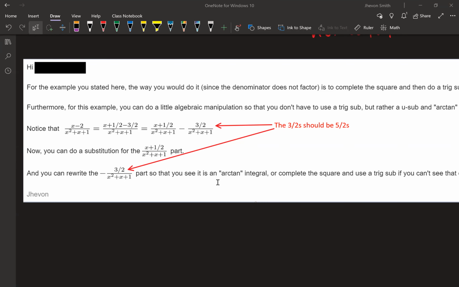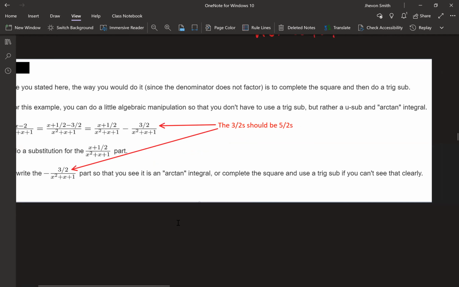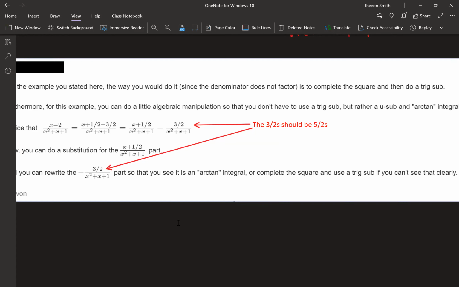Whenever your denominator does not factor and you have this kind of quadratic thing, completing the square is going to be useful because you're going to realize that, hey, since it doesn't factor, I can't really do partial fractions. Maybe what I can do then is eventually get it to look like an x squared minus a squared, or an a squared minus x squared, or an a squared plus x squared.